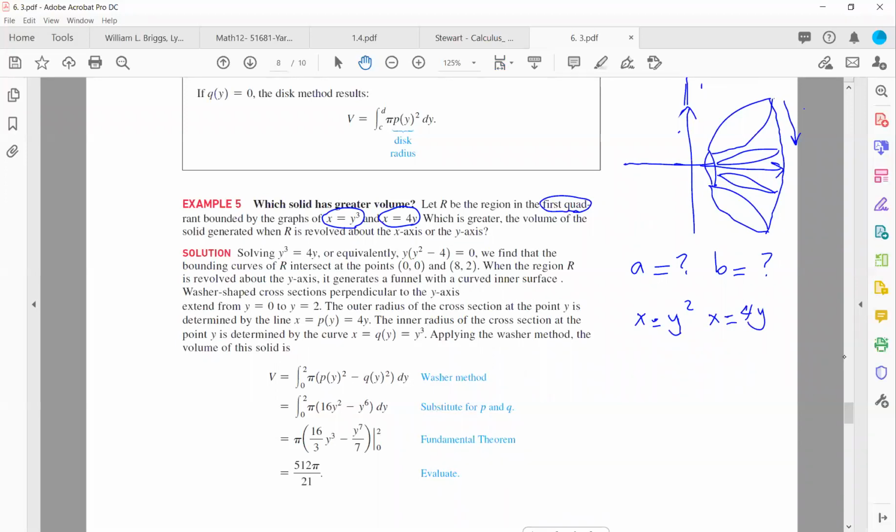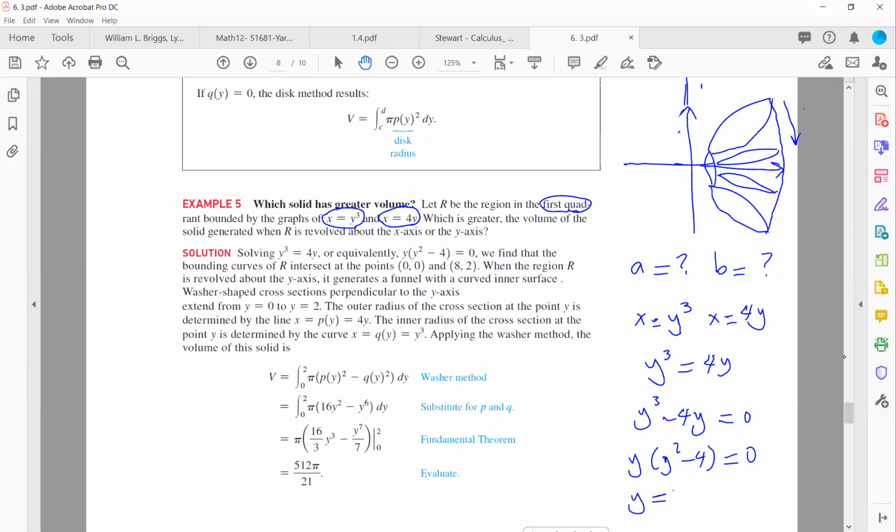Guys, since I'm revolving this guy around the y-axis, I need to have my y values. So y cubed equals 4y. Let us subtract 4y: y cubed minus 4y equals 0. Let us factor out y: y squared minus 4 equals 0.